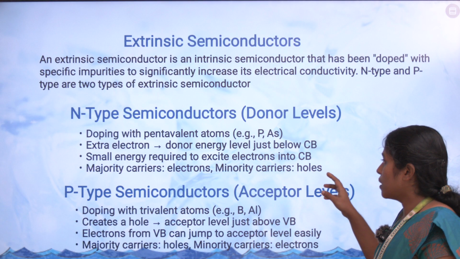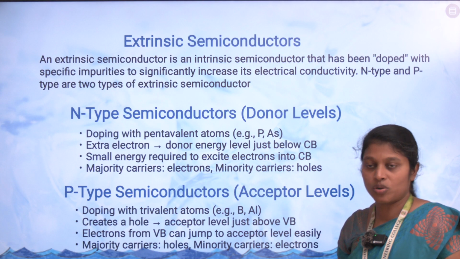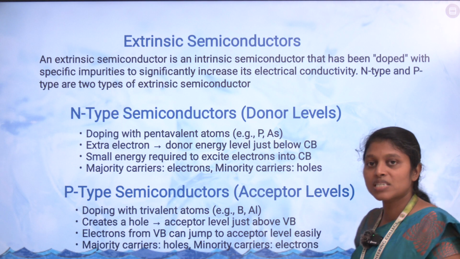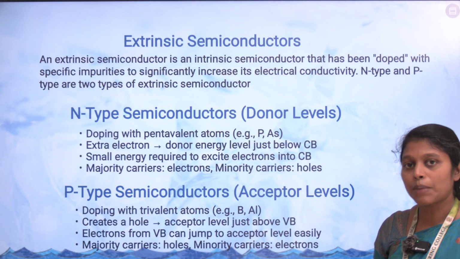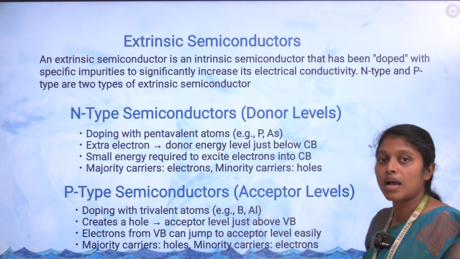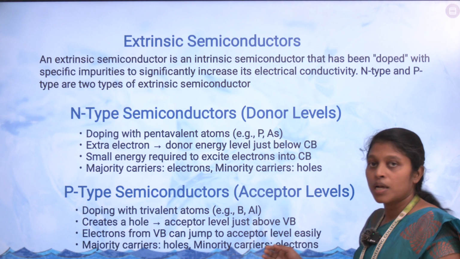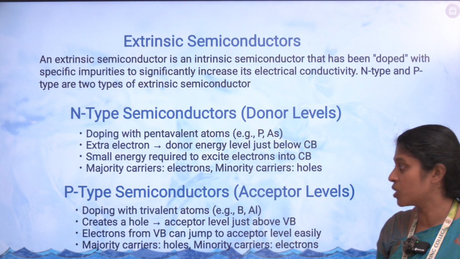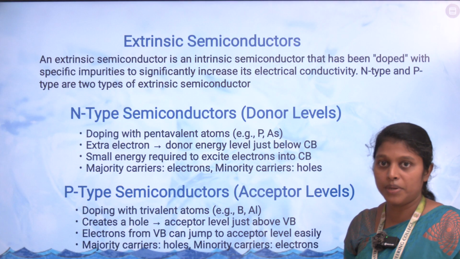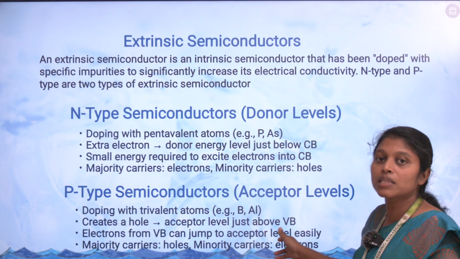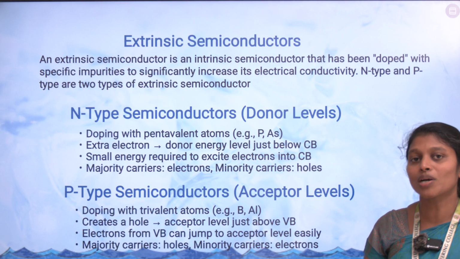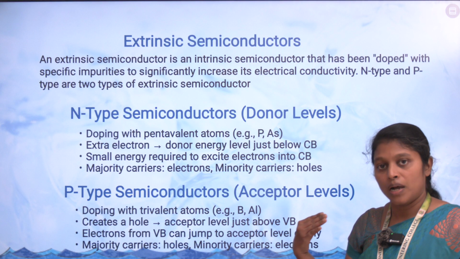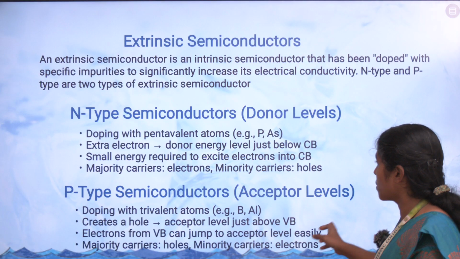Here the majority carriers are electrons, whereas the minority carriers are holes. The other type is the P-type semiconductor, also known as the acceptor level. The trivalent atoms used are boron and aluminium. Here the majority carriers are holes. So based on the majority carrier concentration, it can be split into either N-type or P-type semiconductor.